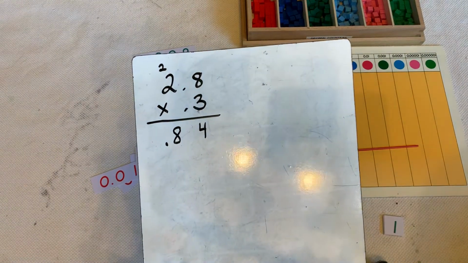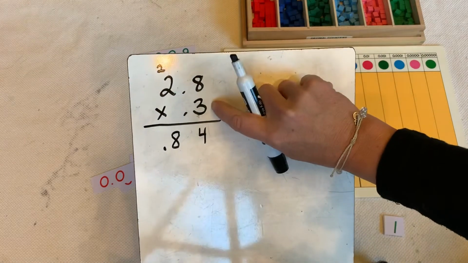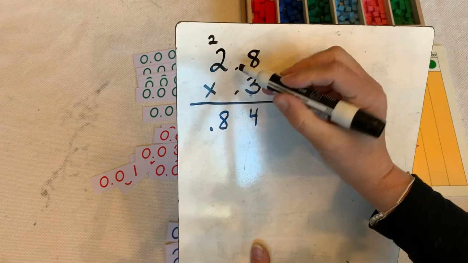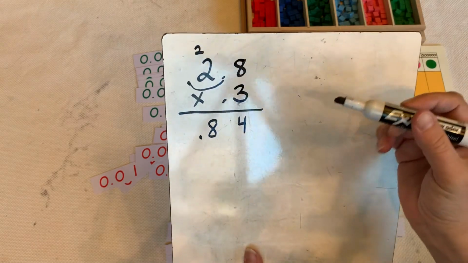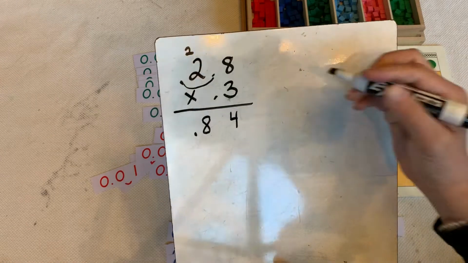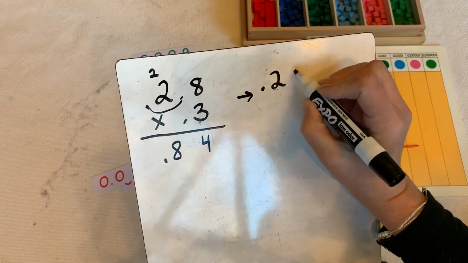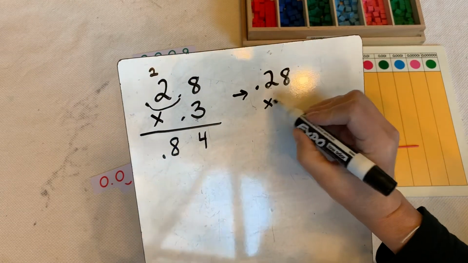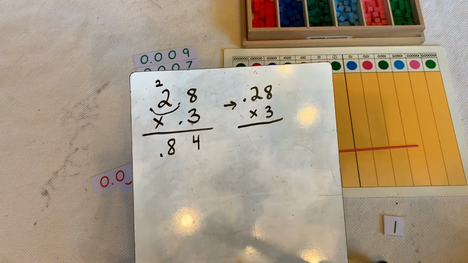But did you know that you can also do it so that you turn this multiplier into a whole number? If I move this decimal right there, so basically if I move my unit to the tenths and turn it into 0.28, now I can multiply it by a whole number. 0.28 times 3.